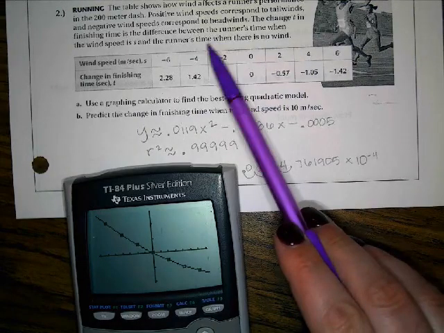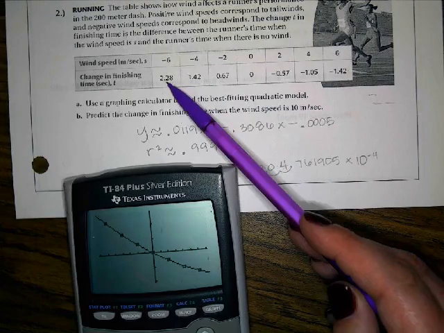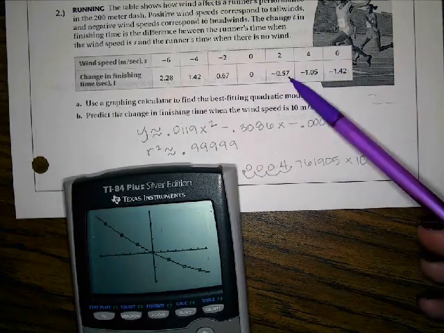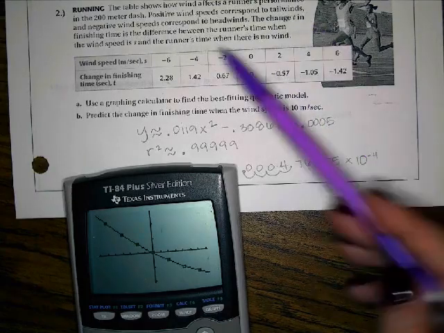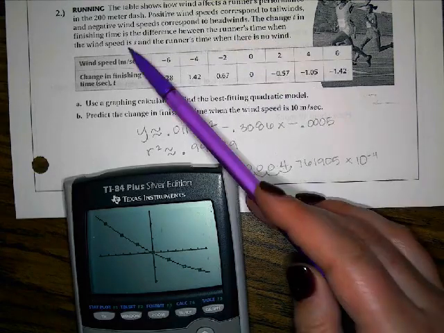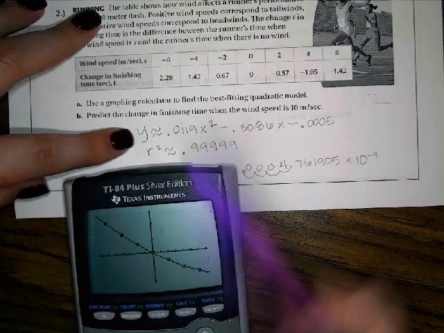And then they are talking about if it's making the runner's time longer, which would be a bad thing, right? You don't want your time to be longer, you want your time to be faster. Or if it's decreasing your time, which would be beneficial to you, because your time would be faster overall. So the change in the finishing time is the difference between the runner's time when the wind speed is, they did S and T. Let's fix this in here.